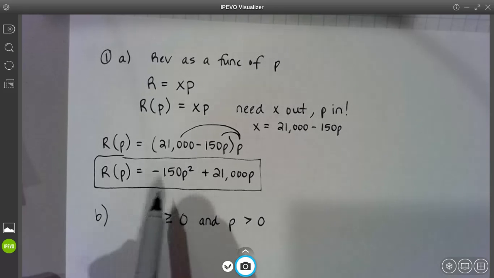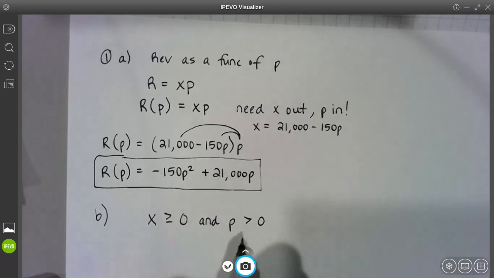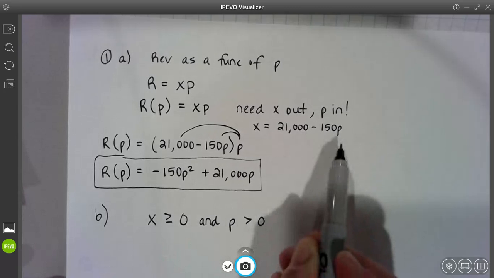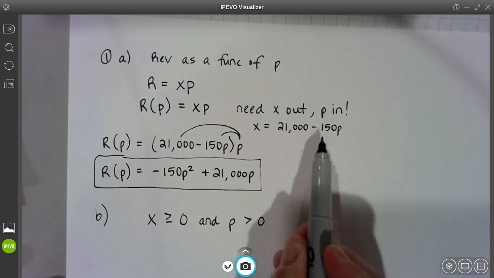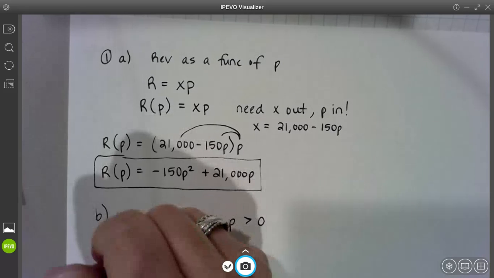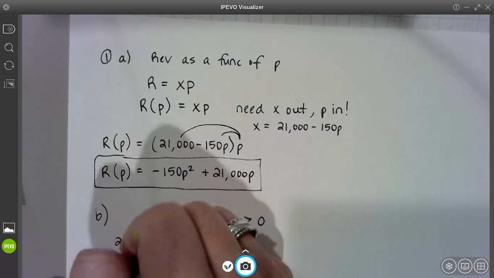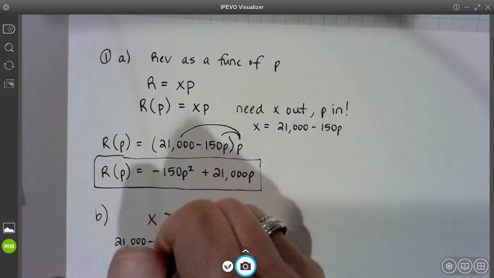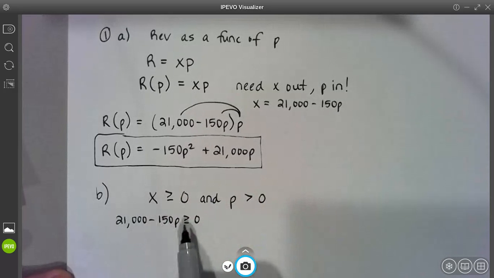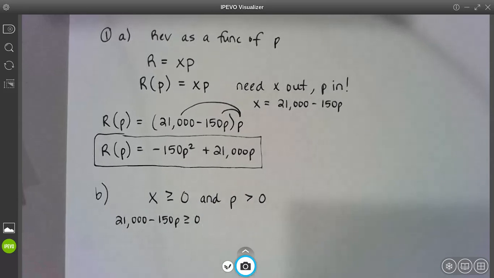All right, well, our function is written in terms of P, so this guy's good to go. However, we didn't really let X stay in the function. X was this, so it's really 21,000 minus 150P that has to be greater than or equal to 0. All right, and then we'll solve this for P and we'll figure out the 2 conditions that P has to follow.